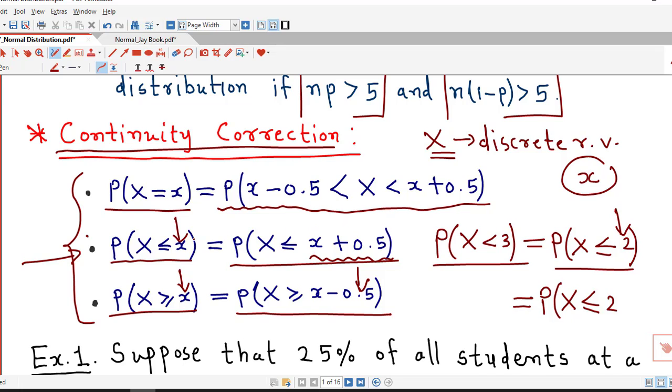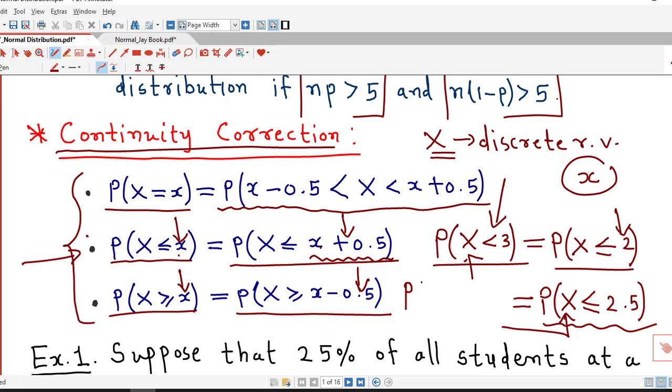So here we have 2 plus 0.5, that is the probability that capital X is less than or equal to 2.5. This is the probability in terms of the binomial random variable, and this is the probability in terms of the normal random variable.